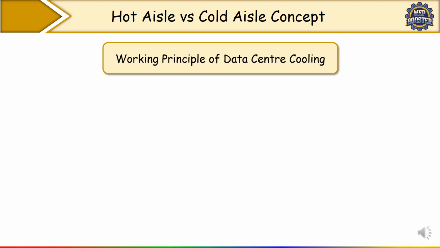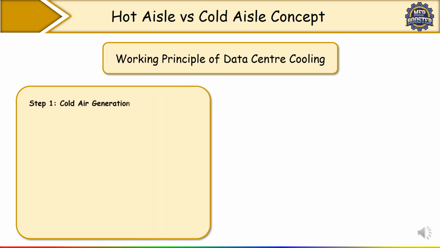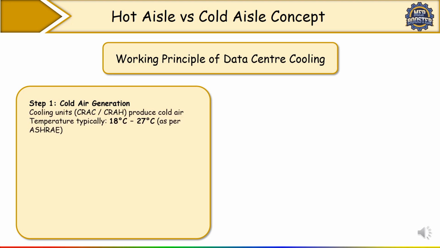Now here we'll see the working principle of data center cooling in detail. I will explain step by step. Step 1 is cold air generation, meaning the cooling unit produces cold air, typically at 18 to 27 degrees Celsius.